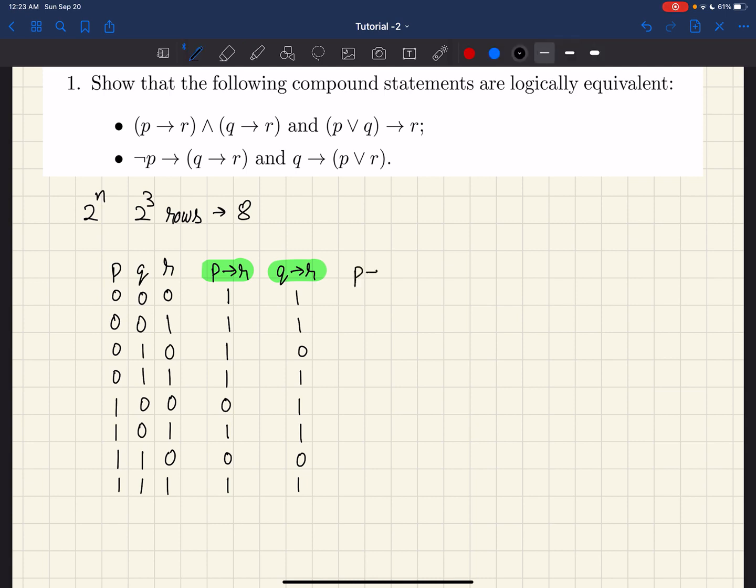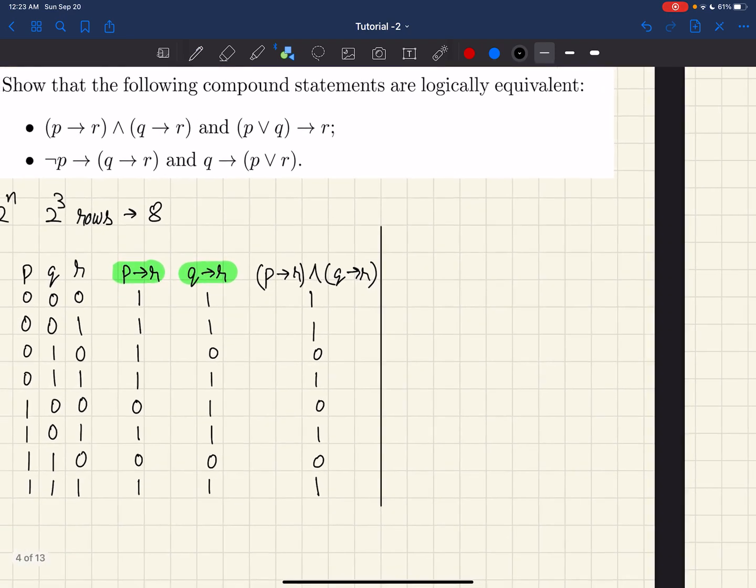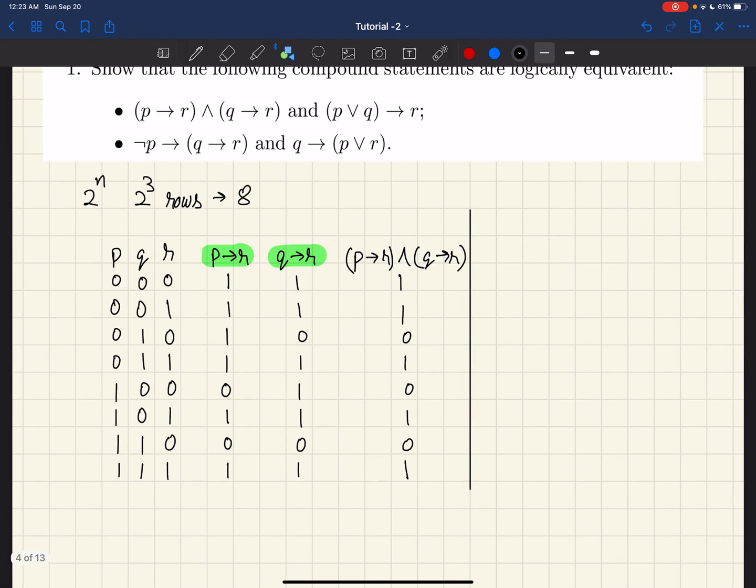It would be P implies R AND Q implies R. So as you know, AND is true only when both of the statements are true. So now we have the solution for the first part.